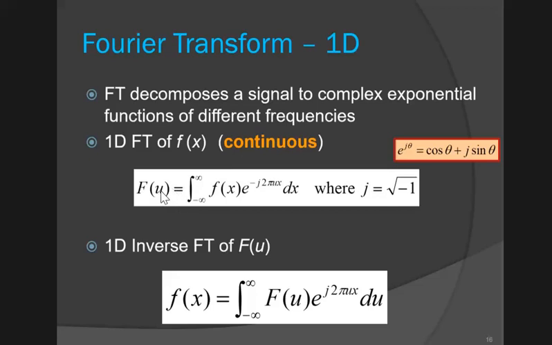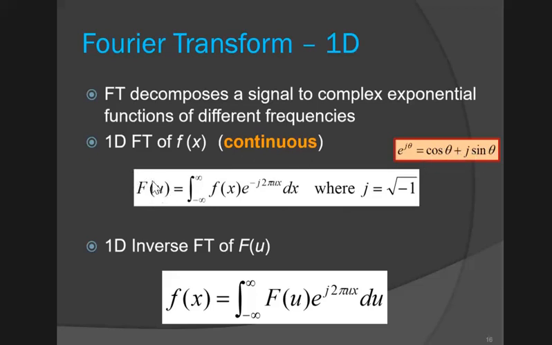The equation is given by the integration from minus infinity to infinity of f of x into e raised to power minus j 2 pi ux dx, where u is our frequency variable. And if you remember Euler's formula, e raised to power j theta represents cos theta plus j sin theta.